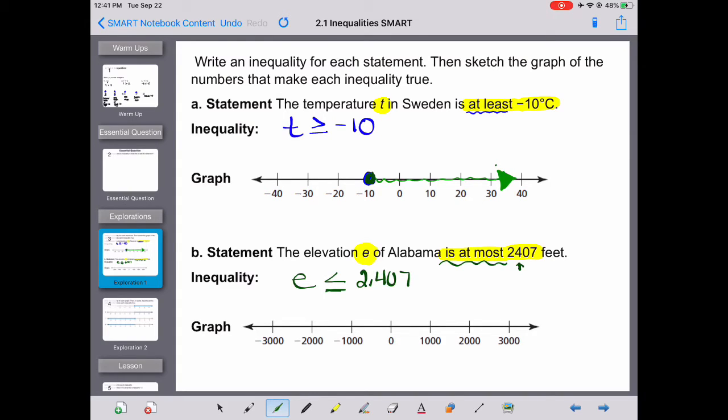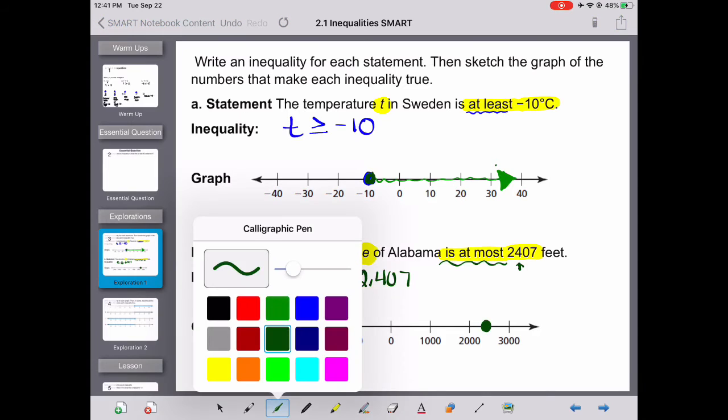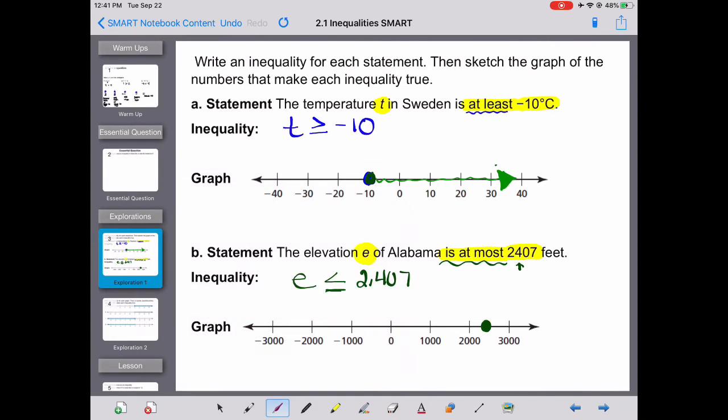So I put my point around, estimate where 2,407 is, so maybe around here. This would be a shaded in circle again, and it can't go above, so it can't go to the right. So we're going to shade to the left, and make sure you have your arrow.